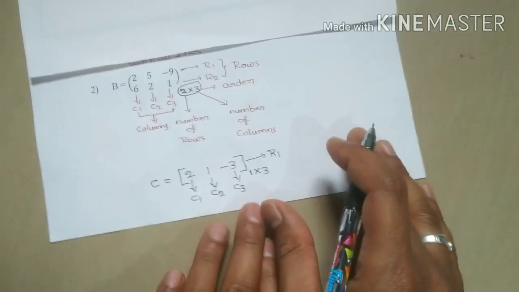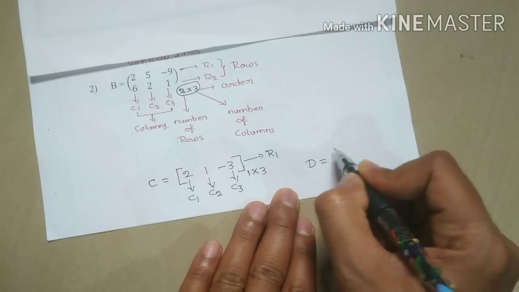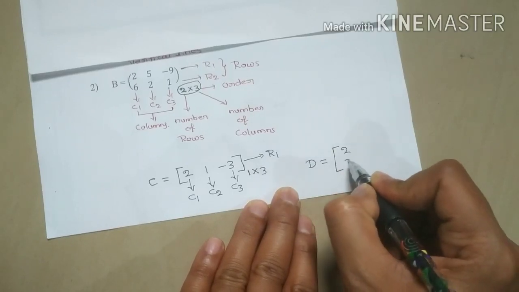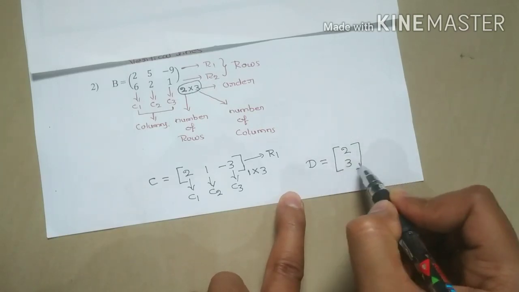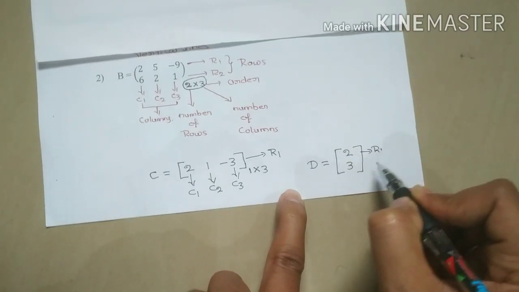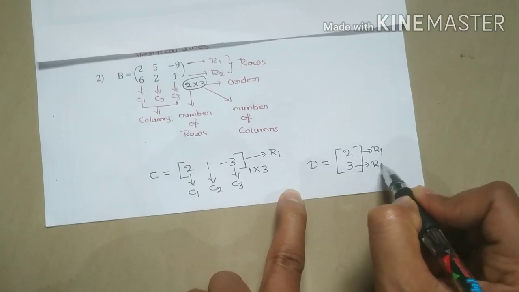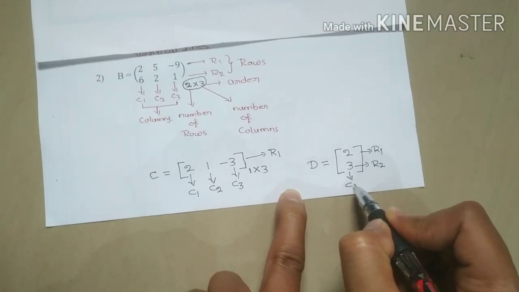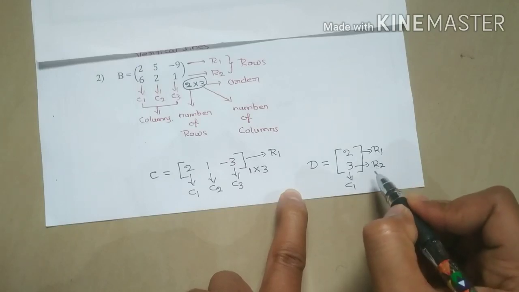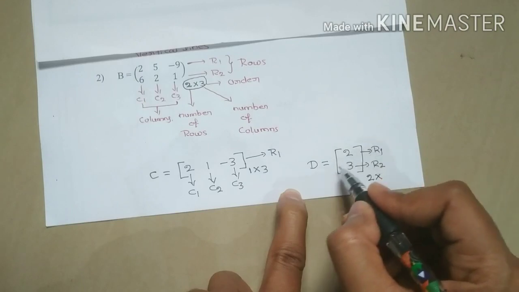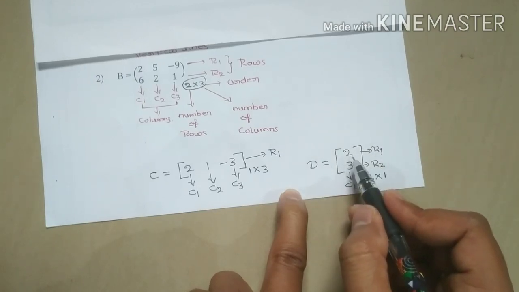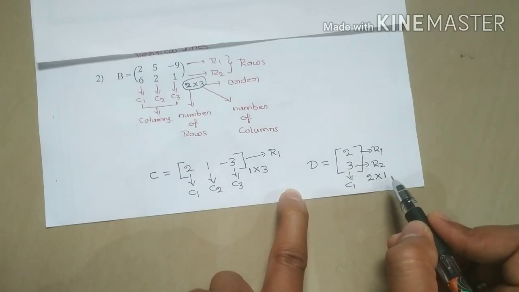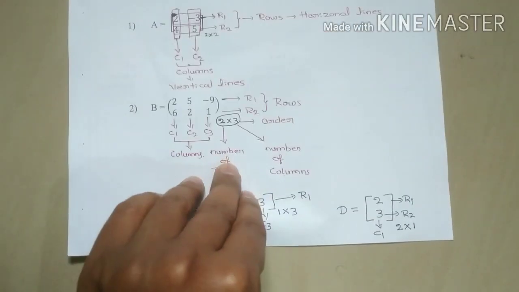Similarly, if I take D is equal to 2, 3 in a column, this is also a matrix, because here there are 2 rows, R1 and R2, and only one column, C1. So what is the order of this matrix? 2 cross 1.